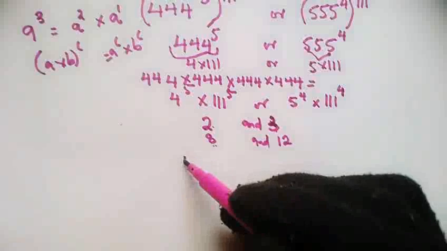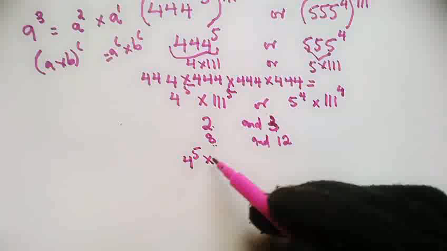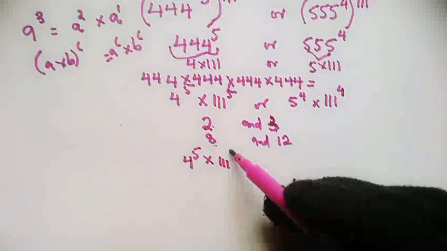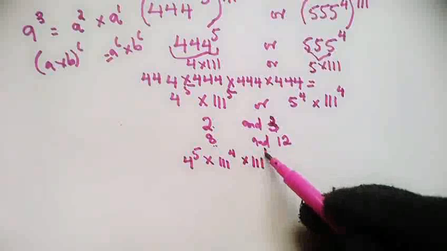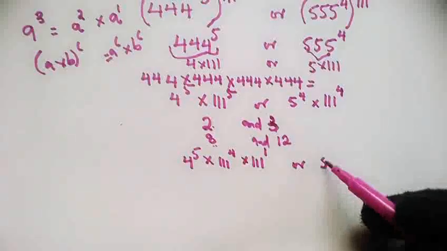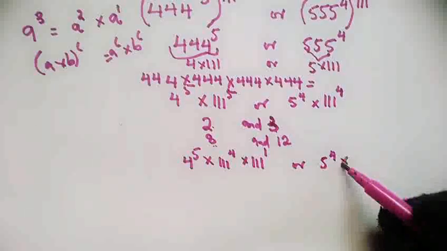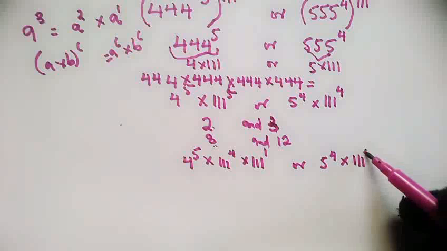Now we have 4 raised to power 5 times 111 raised to power 4 times 111 raised to power 1 here, and we have 5 raised to power 4 times 111 raised to power 4 here.